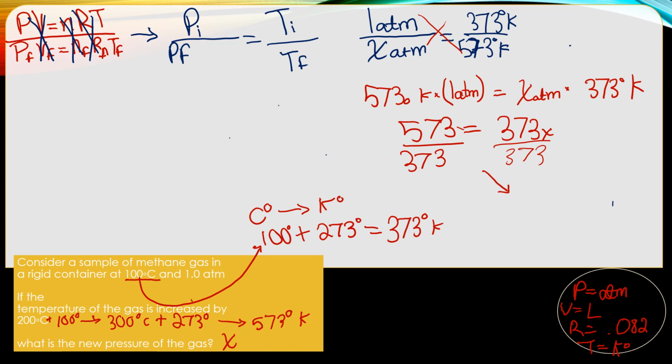And when you take out the calculator and divide 573 by 373, you get 1.536 equals x, because we have canceled it out. Now we have found what x is.